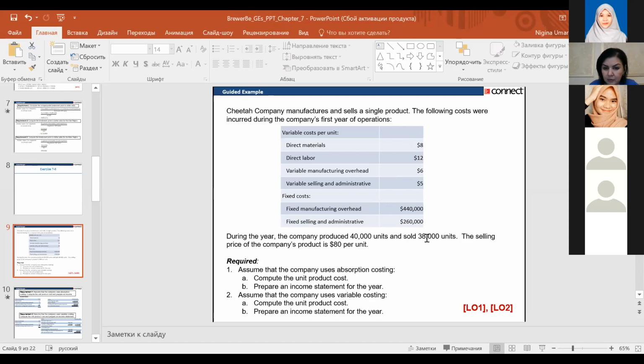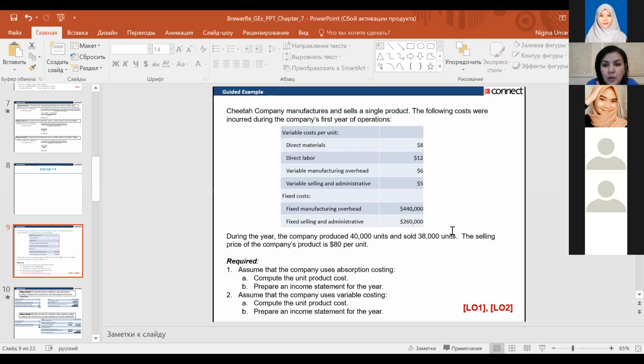And cost of goods sold equals 1,406,000. If I take sales revenue minus cost of goods sold in absorption costing, it equals what? Gross margin or contribution margin? Contribution margin.